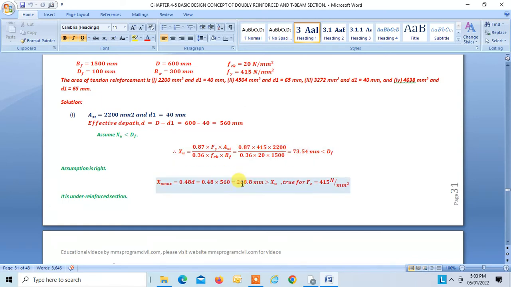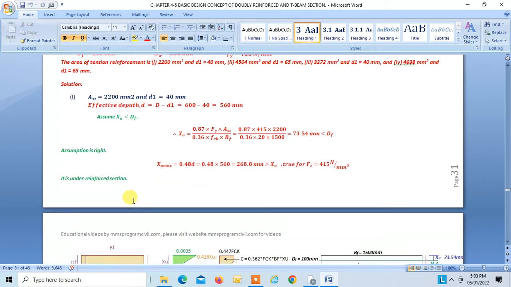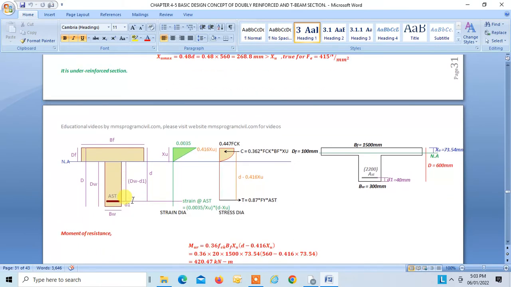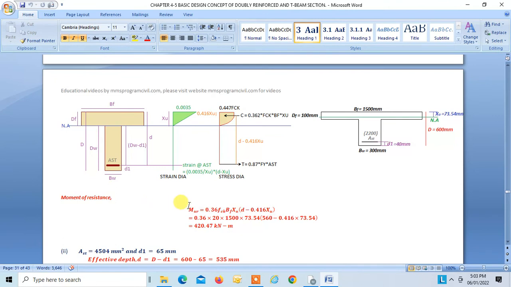Our XU is less than XU max, so the section is under-reinforced. Now we can find our moment of resistance simply by taking MUR equal to C into lever arm, and we get a moment of resistance of 420.47.